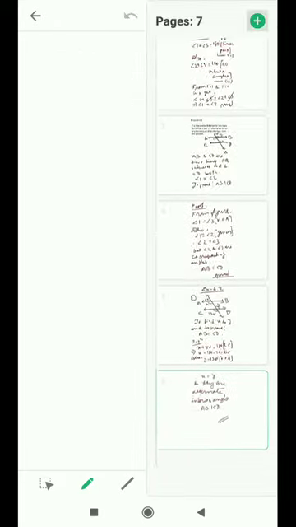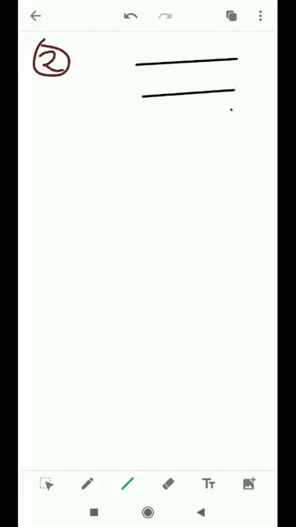So question number 2. Given that three lines are there, AB, CD and EF. So let us draw that first. So AB, CD and EF, three lines there, and one transversal cuts all three lines.